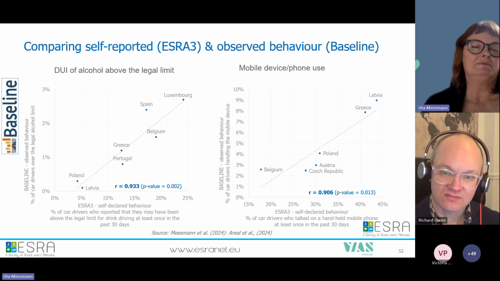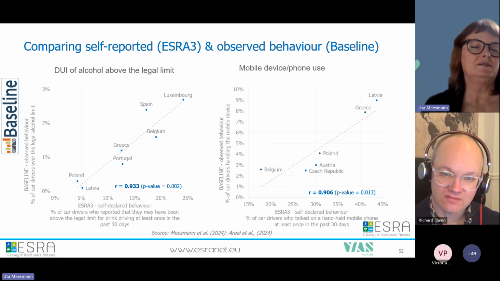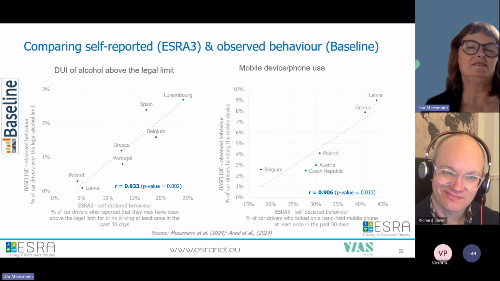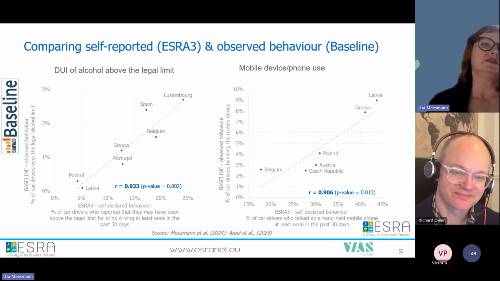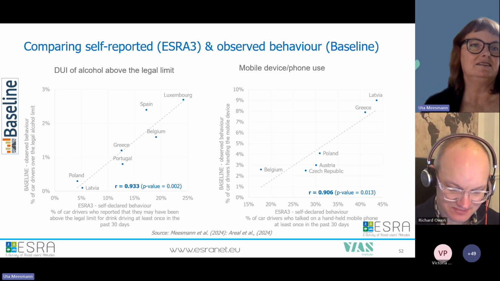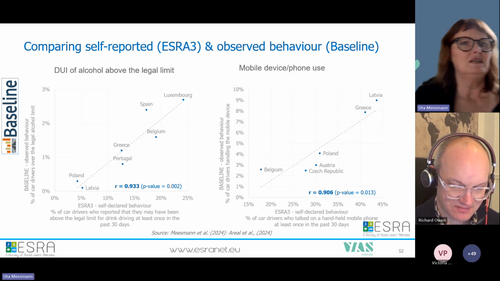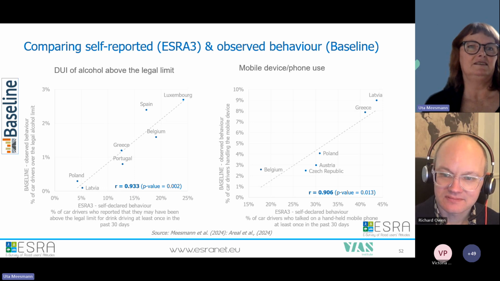You need to be well aware that these are really different concepts, because baseline is measuring a point prevalence, and ESRA a period prevalence, which leads to different values. Besides this, we can also only compare few countries because there is no more information available from baseline at that moment.